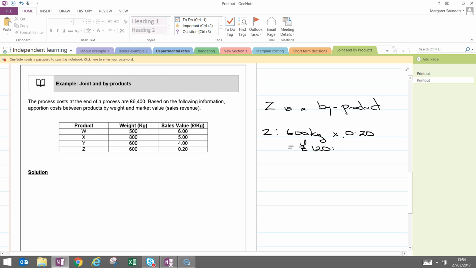Again, as you have seen in other single and multiple process costing questions, we have always reduced our process costs by the scrap value of any normal losses. So we do the same thing with a byproduct. We reduce the process costs by the scrap value of the byproduct. So our process costs are £6,400.